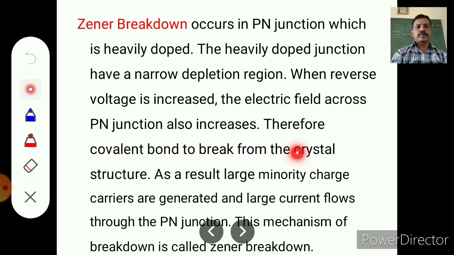Already we have seen that each silicon atom is attached to its neighboring silicon atom with a covalent bond. So such covalent bonds break, and therefore minority charge carriers are generated and a large current flows through the PN junction. Such a mechanism we observe in case of Zener breakdown.